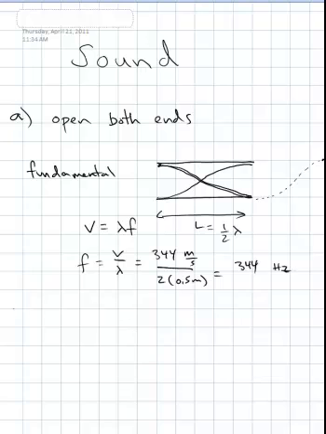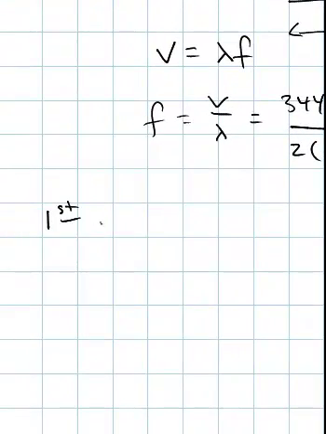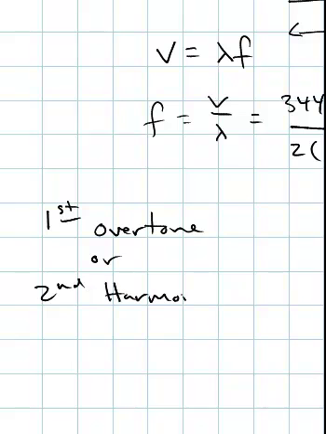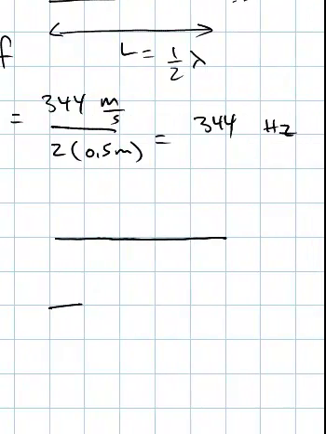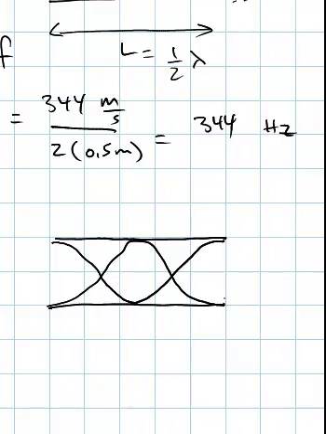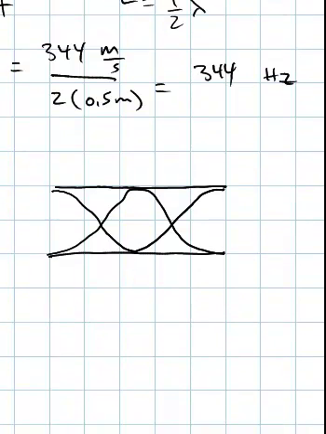Now let's take a look at the first overtone, or another way of saying that is the second harmonic. Here's our pipe. And that's the pattern that gives us a standing wave. And so the length of our pipe now is equal to the wavelength.